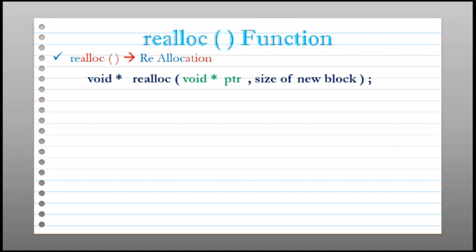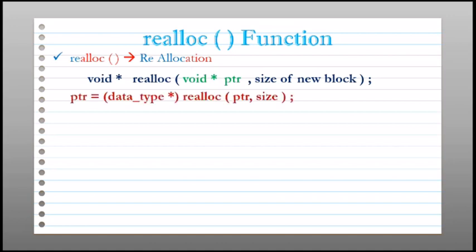If the existing allocated memory cannot be extended, this function allocates a completely new block, copies the contents of the existing memory block into the new memory block, and then deletes the old memory block. Now we will see how we can use this realloc function.